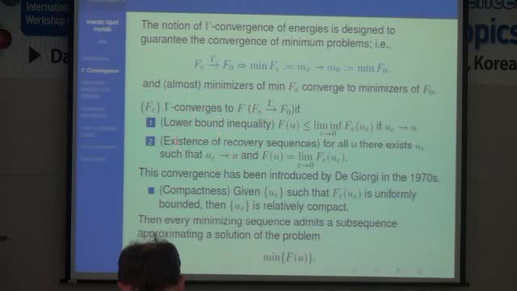With these two inequalities, it should also always be paired with this compactness result. So people try to prove these three things to use this gamma convergence theory. If you can prove this, then the minimizing sequence admits a subsequence approximating a solution of the problem of the minimum of the gamma limit.